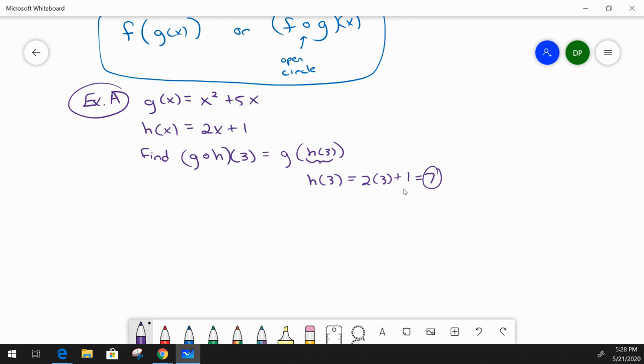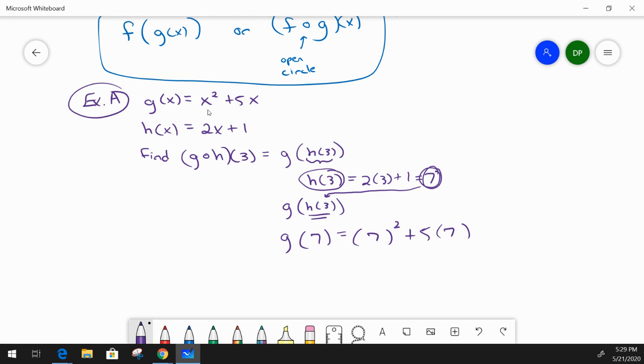So now, if we're finding g of h of 3, and we know that h of 3 is equal to 7, we're going to substitute 7 in the place of h of 3, which basically means we're substituting 7 now into the g function. So your g function says to take the x value, or the input value, and square it, plus 5 times that same input value.